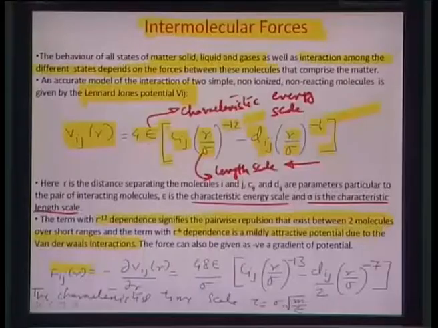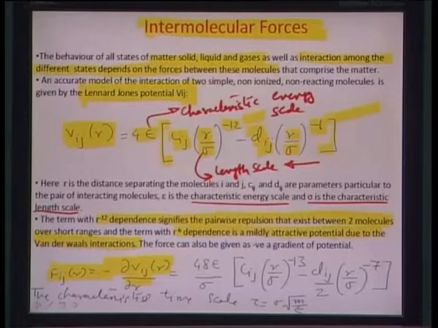So Fij(r) essentially is minus dVij(r) by dr, and if I differentiate this Vij term with respect to r, we get 48 epsilon by sigma Cij (r by sigma) to the power of minus 13, which is the pairwise repulsion force probably, and minus Dij by 2 (r by sigma) to the power of minus 7, which is the pairwise van der Waals attraction force.